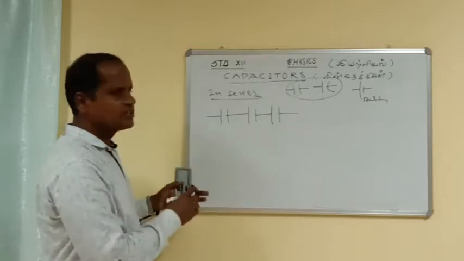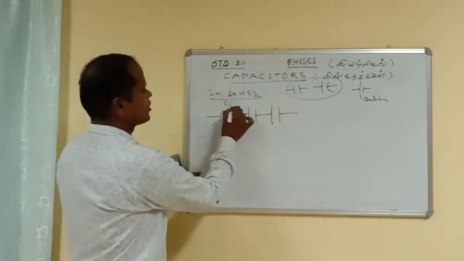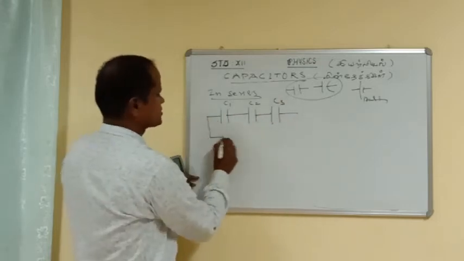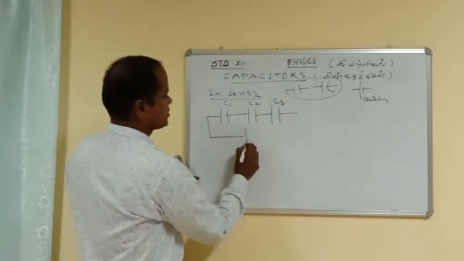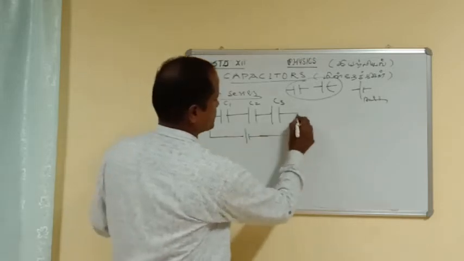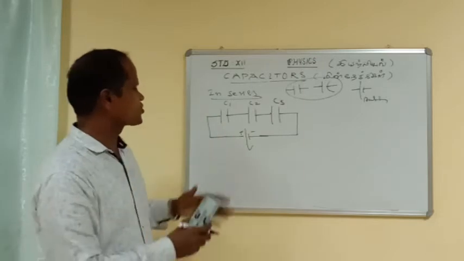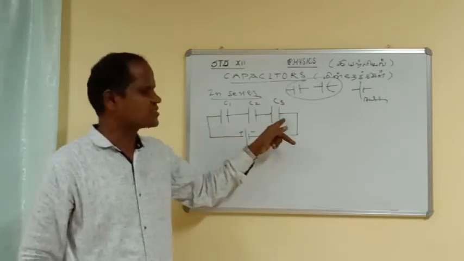So here we have three capacitors C1, C2, C3 in series, and a battery is connected, plus and minus.